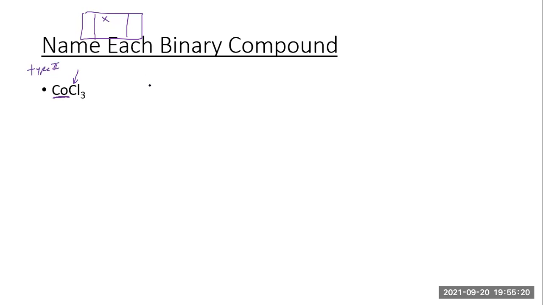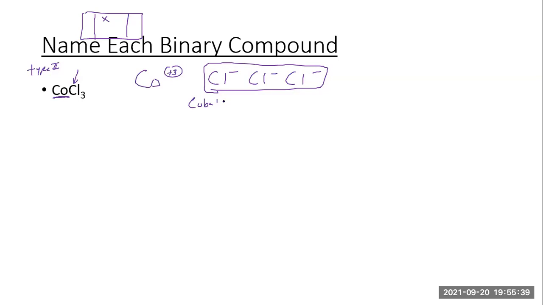So basically we could just work it out like we did before. There's 1 cobalt, chloride is -1, and there are 3 of them. Again, to balance out this -3, that has to be +3, and putting that together would then get us cobalt Roman numeral 3, again for the charge.